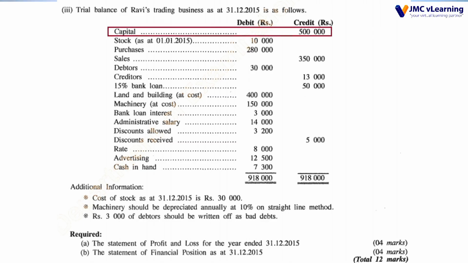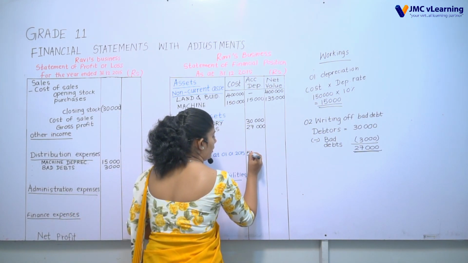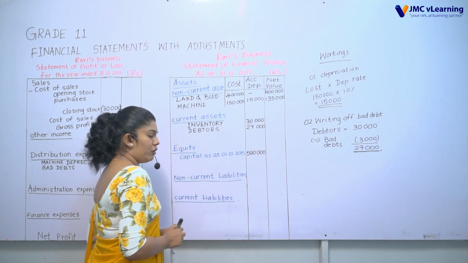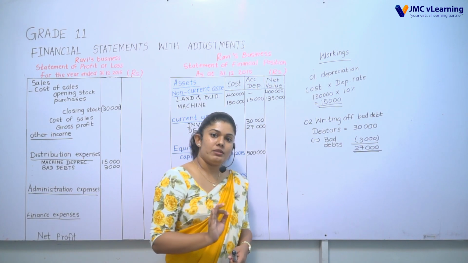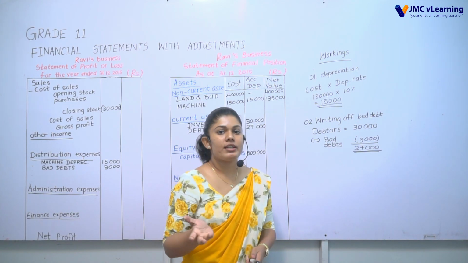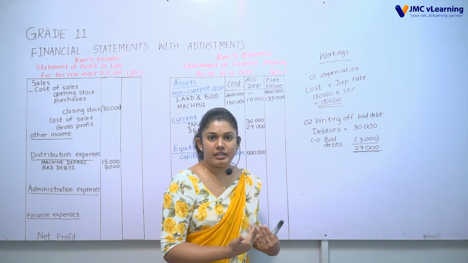Capital 500,000. When you record a particular transaction or line item in the trial balance, please mark it, put a tick or a cross, then you will know you already recorded it.